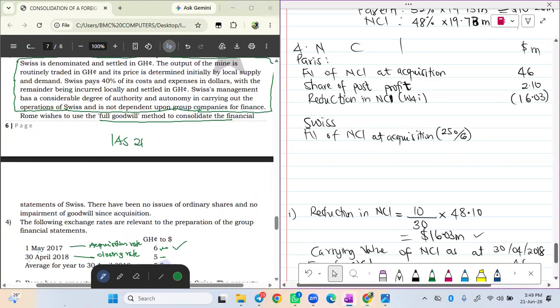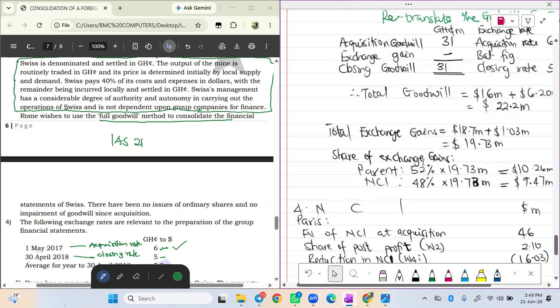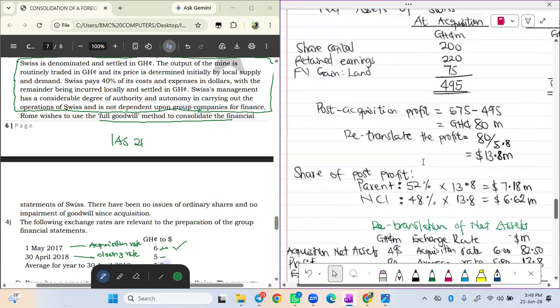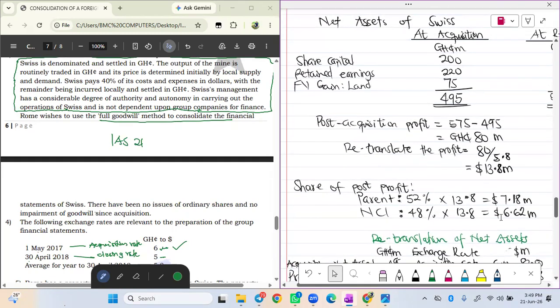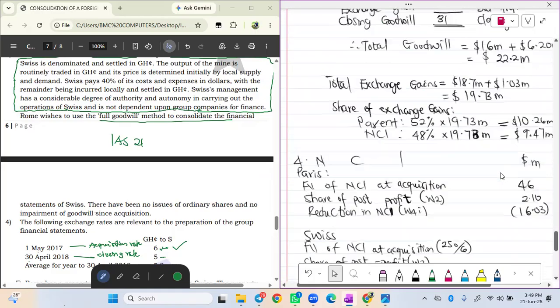So then we add the share of post profit, workings 2. And after doing the retranslation, sharing the profit for Suez, we got what? 6.62 of the total 13.8.